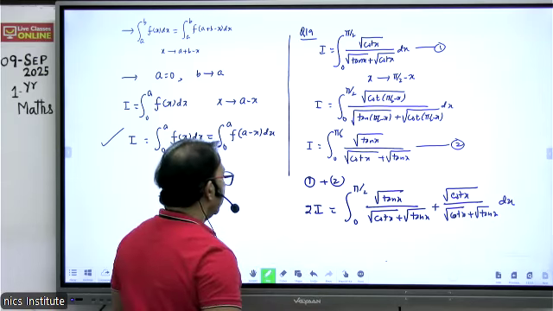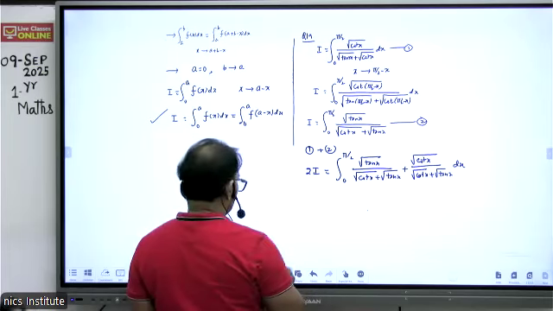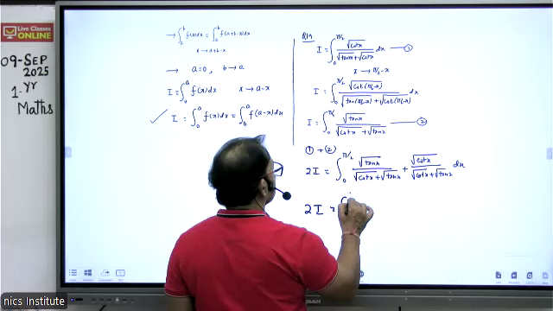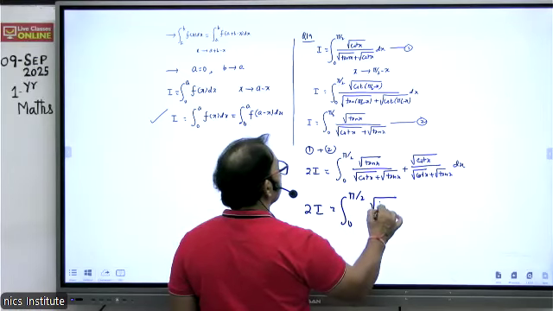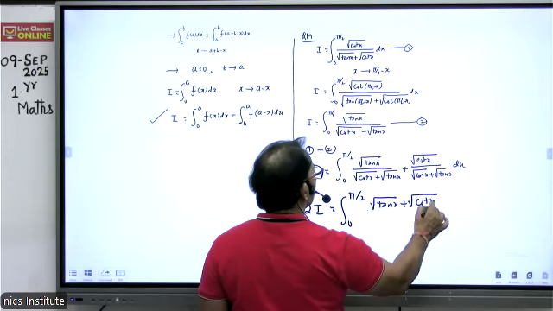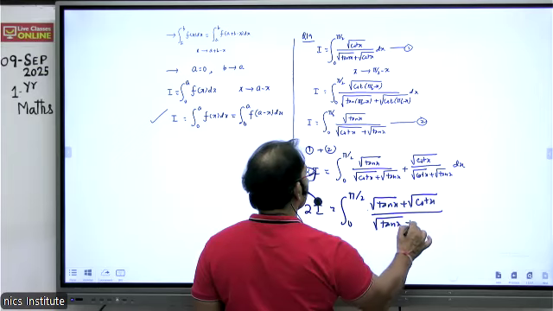So after taking LCM, it will be 2i equals the integral from 0 to pi by 2 of root tan x plus root cot x over root tan x plus root cot x.